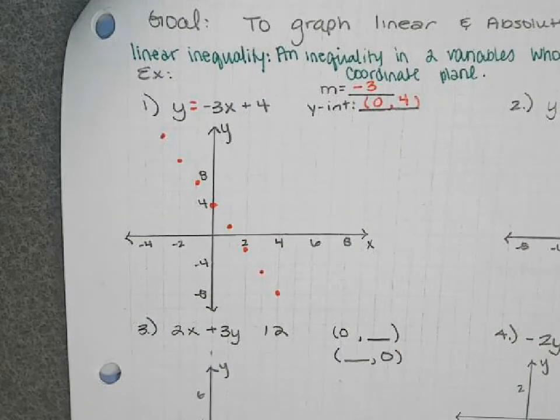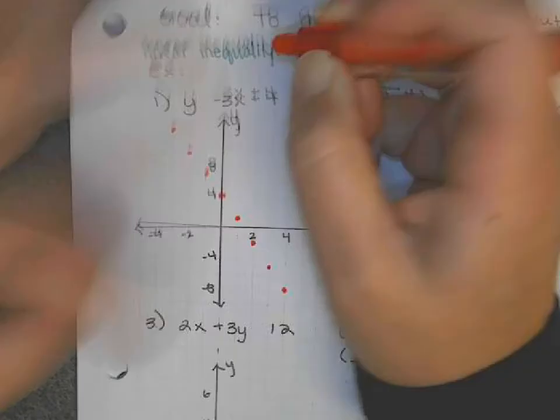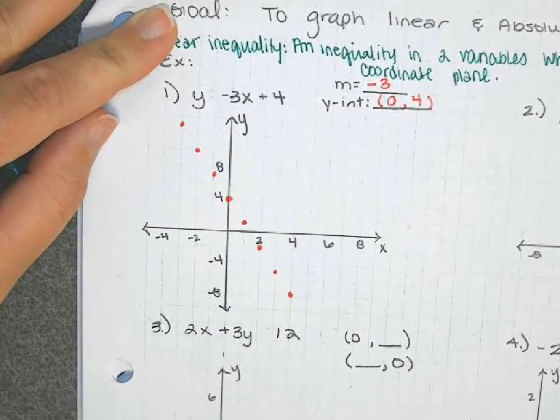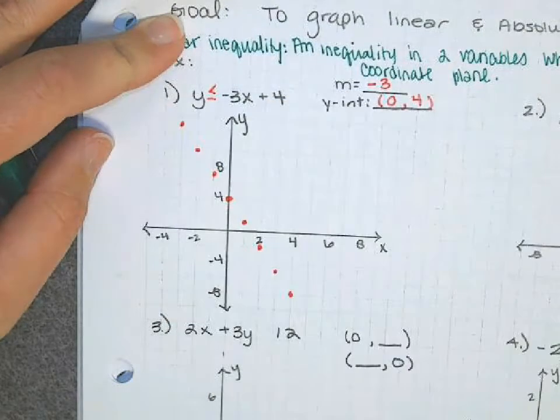Now that I have the points that would create this, I'm actually going to erase this because it's not an equal sign. What it actually says is less than or equal to.